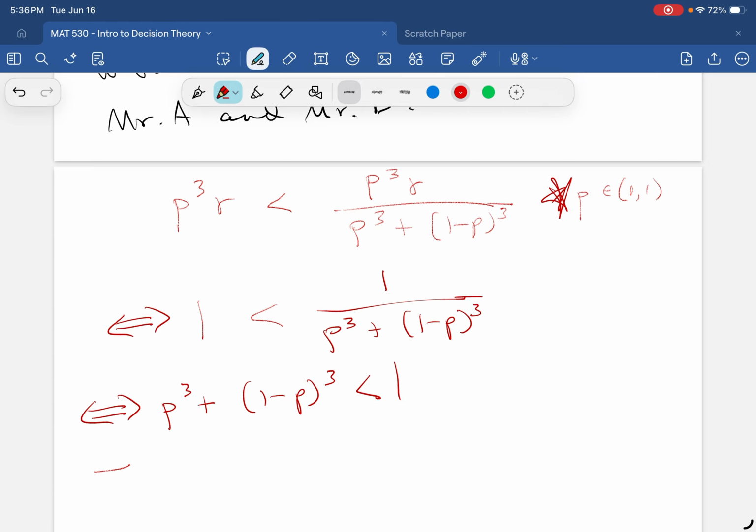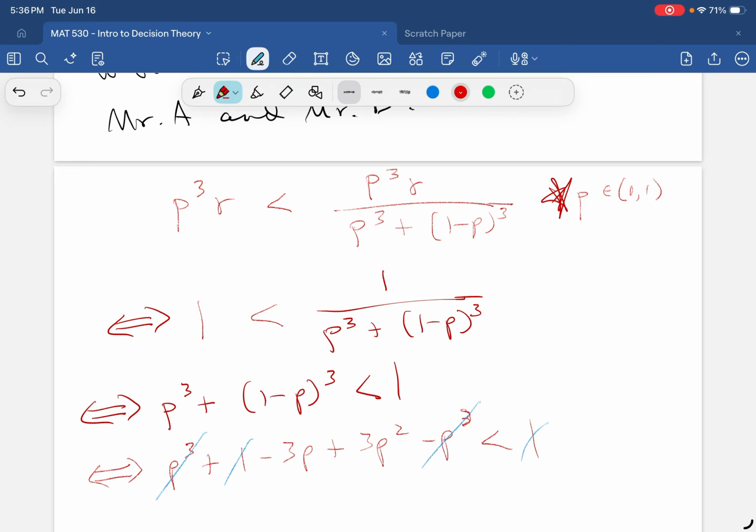So then, if we multiply that out, we get P to the 3rd plus 1 minus 3P plus 3P squared minus P to the 3rd, and that's got to be less than 1. So now we can cancel a few things. The P to the 3rd minus P to the 3rd, and then cancel the 1s.